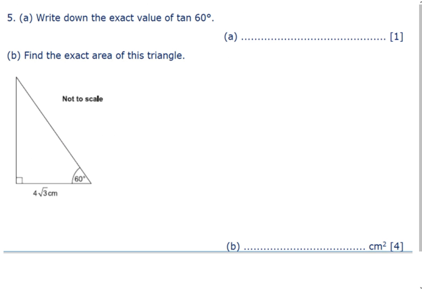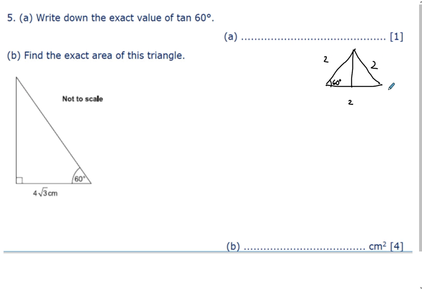Okay, write down the exact value of tan 60. I've done videos on doing the exact values, but if you don't know how to do it, what you need to draw is an equilateral triangle, because you know each side there will be 60, and then split it and make all these sides 2, 2, 2.